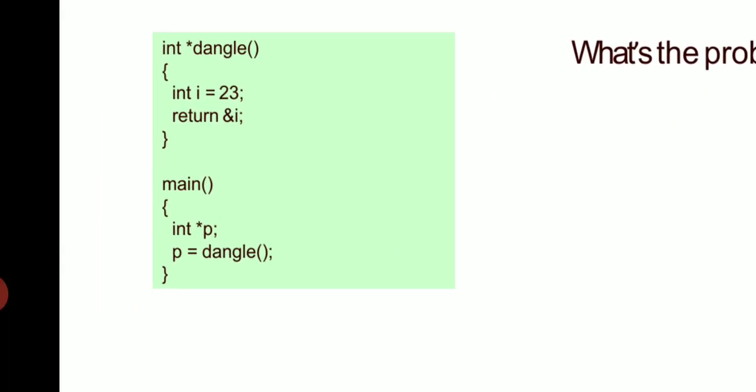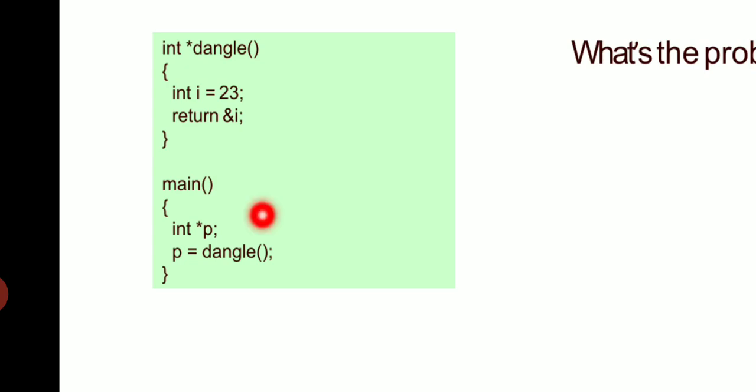Here the main program is there. Dangle is a function that returns a pointer. It has an integer variable i, and it returns the address of that i. That address is returned to main and assigned to p, so p is a pointer pointing to i. But after dangle returns to the main program, i is not active, since the scope of i is within the dangle function only.